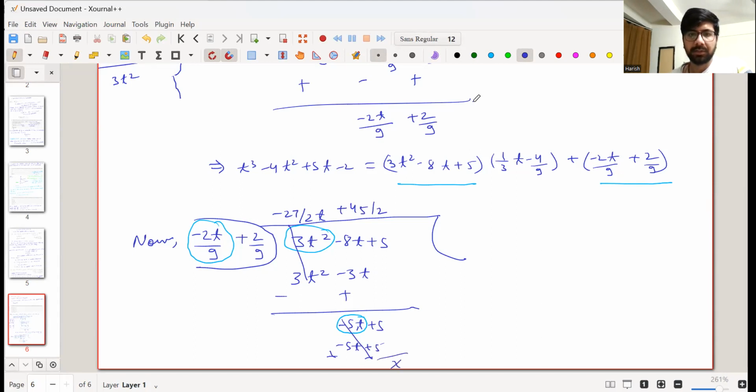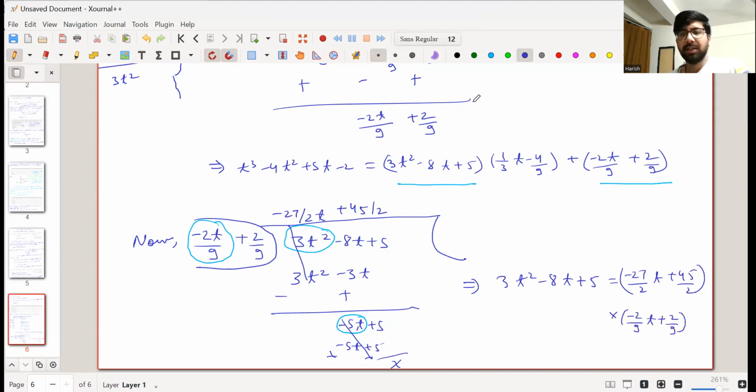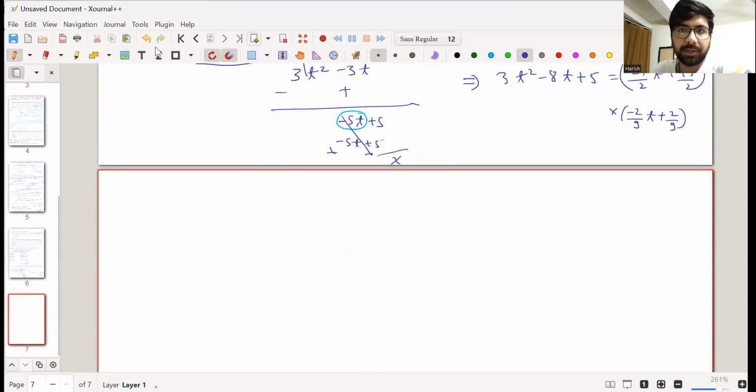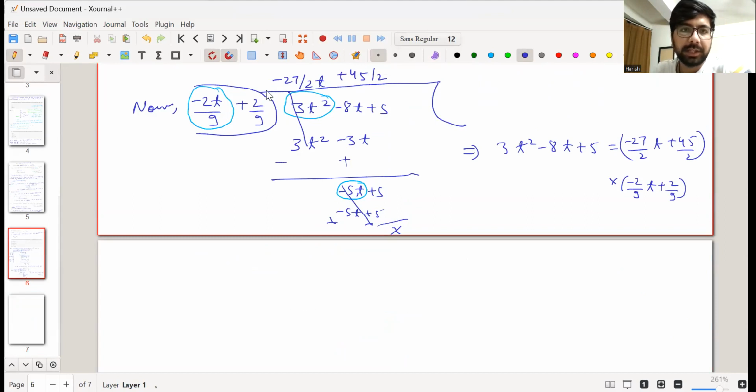Okay, so this implies that 3t square minus 8t plus 5 is minus 27 by 2 t plus 45 by 2 times minus 2 by 9 t plus 2 by 9. Okay, so you can replace this part by here and you will see the GCD is this minus 2t by 9 plus 2 by 9. So if you get 0 at some place, that means whatever you were dividing with will be the GCD.